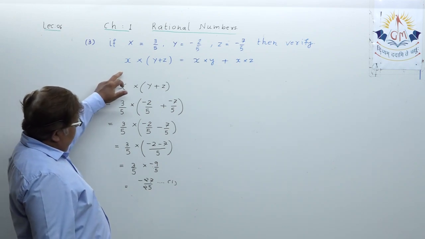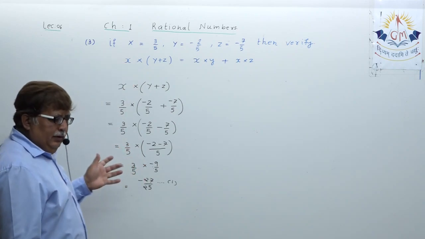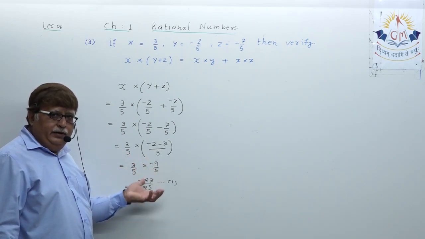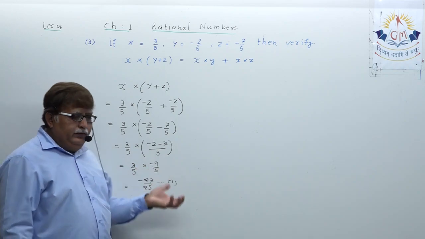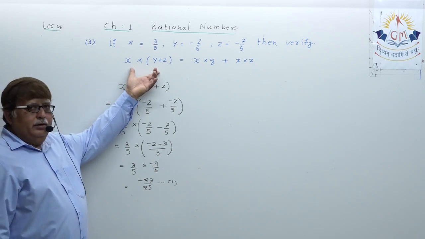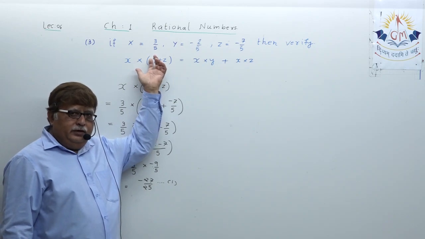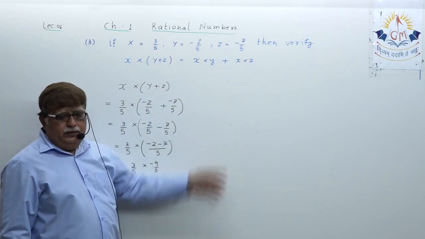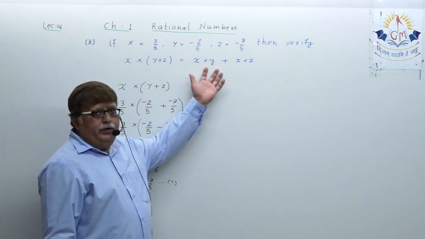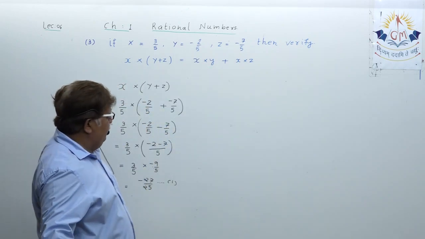But first, how we derive any such example asked to you, you need to follow the same pattern. That means finding first the LHS, that is the evaluation of the expression on the left hand side, and then finding the value of the expression given on the right hand side.